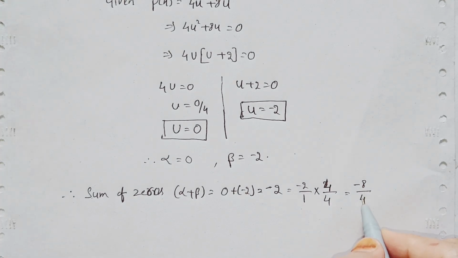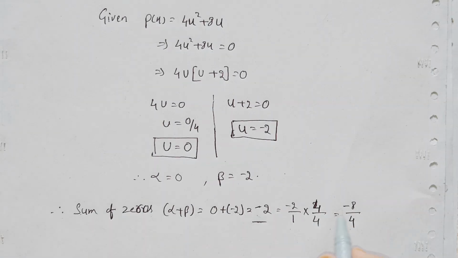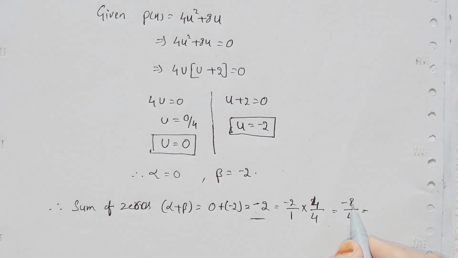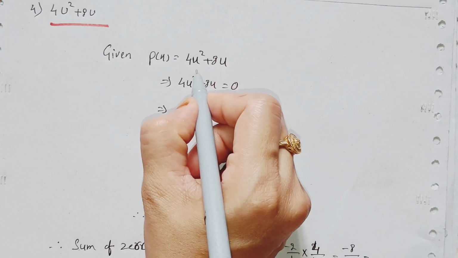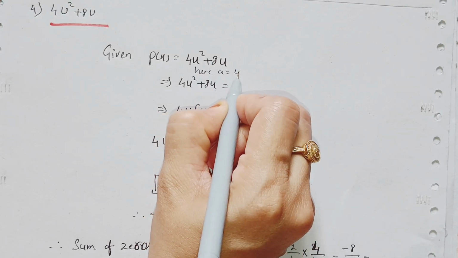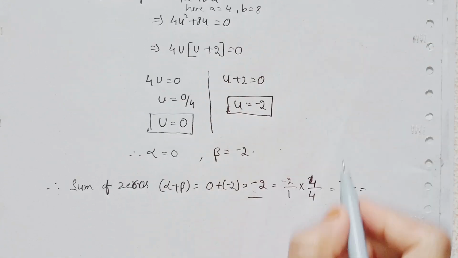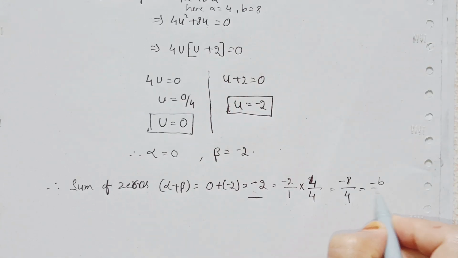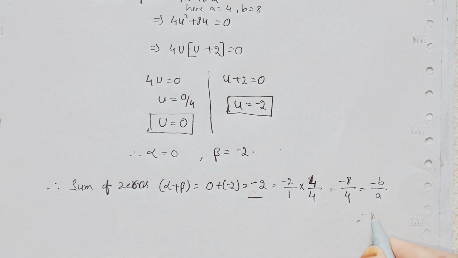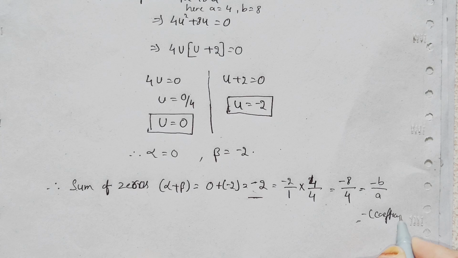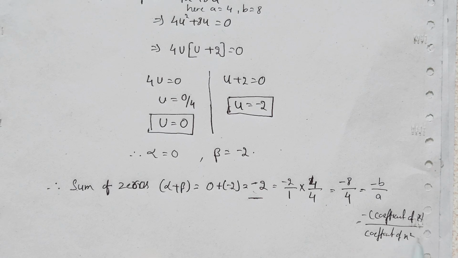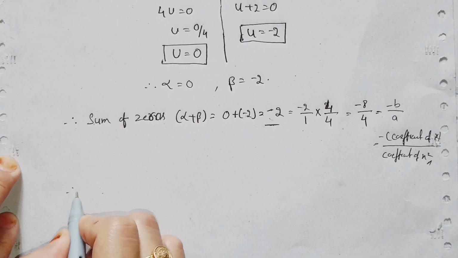If I cancel also, I'll get minus 2 as the result. For showing the relation, I am doing this step. What is 8 here? 8 is nothing but b. Here a equal to 4, b equal to 8. In the place of 8, I can write minus b by a, which is minus of coefficient of x divided by coefficient of x square.